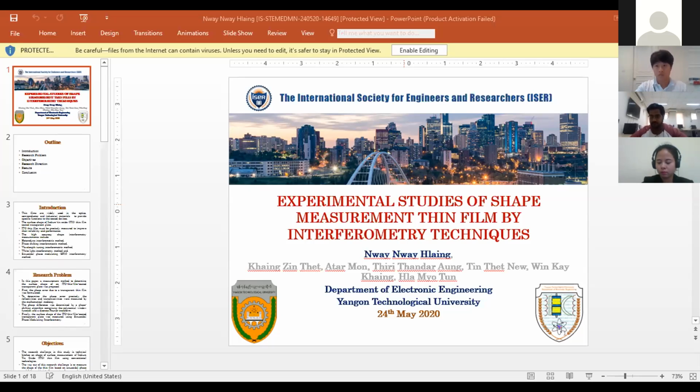This figure shows the phase surface distribution, and this is the last figure, the surface profile figure. The surface profile is smooth and flat. So this is justified in this experiment.